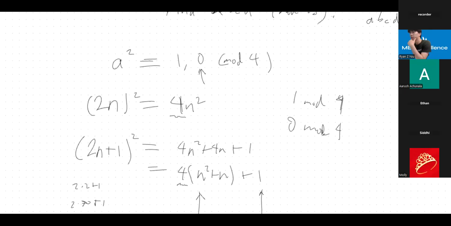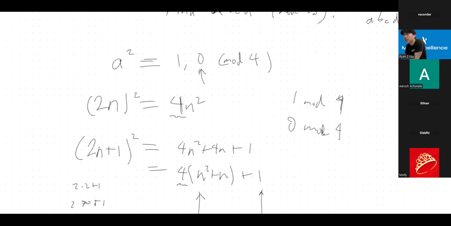A squared plus b squared equals 703, and we can simplify this to a squared plus b squared is 3 mod 4, because 703, when you divide by 4, leaves a remainder of 3.